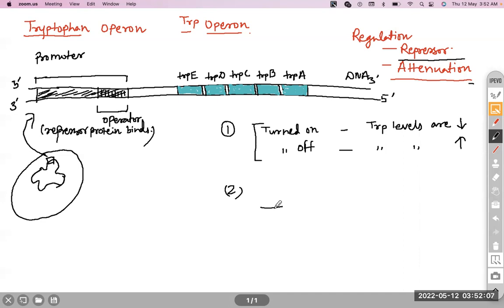इस पिक्चर इज सेल्फ एक्सप्लेनेटरी, आप समझ चुके होंगे अभी तक क्या होगा। जब ट्रिप्टोफैन की आवश्यकता पड़ेगी, हम सब कंडीशन में एक एक करके समझाएंगे आपको। पहले आप जान लीजिए कि टीआरपी रिप्रेसर होता है प्रोटीन, TRP repressor protein.